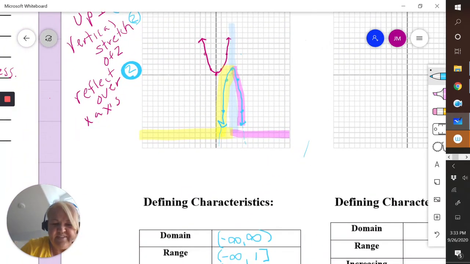So my equation is y equals negative 2(x minus 3) squared plus 1. To find the x-intercepts, I have to put 0 in for y, and I'm going to have to do a lot of algebra to solve this.